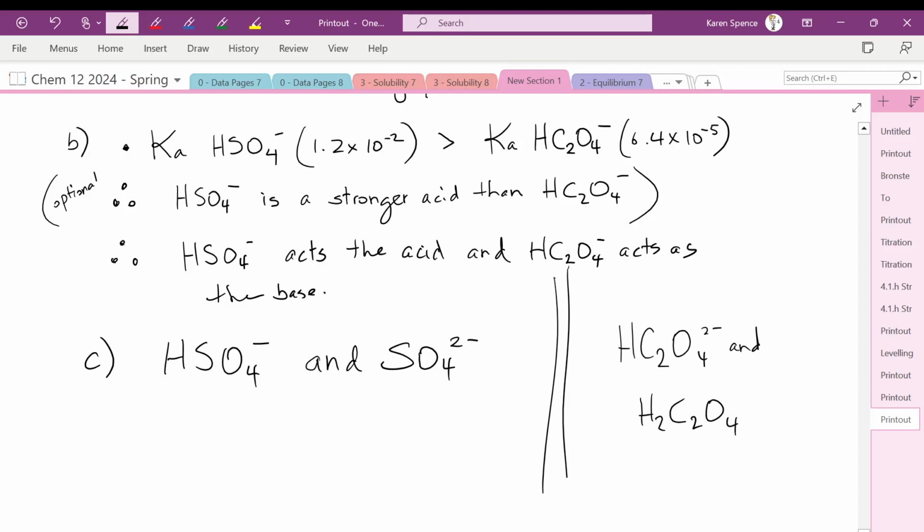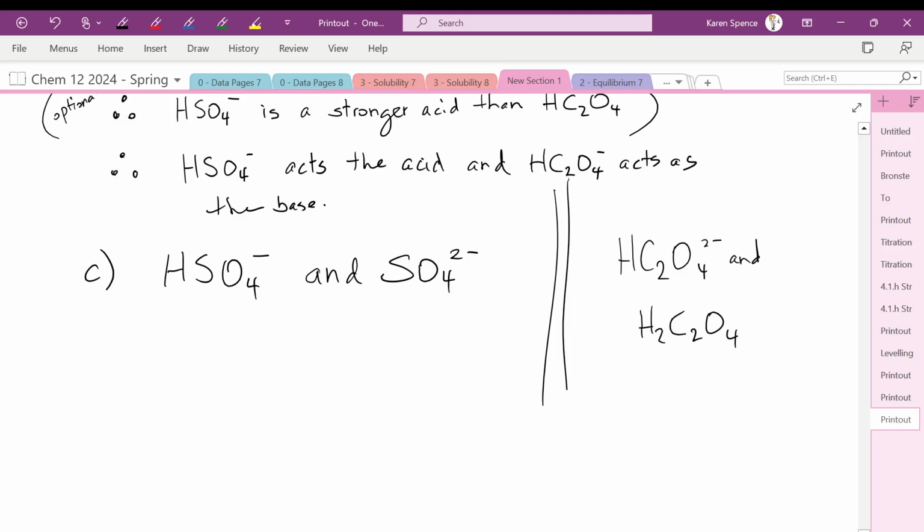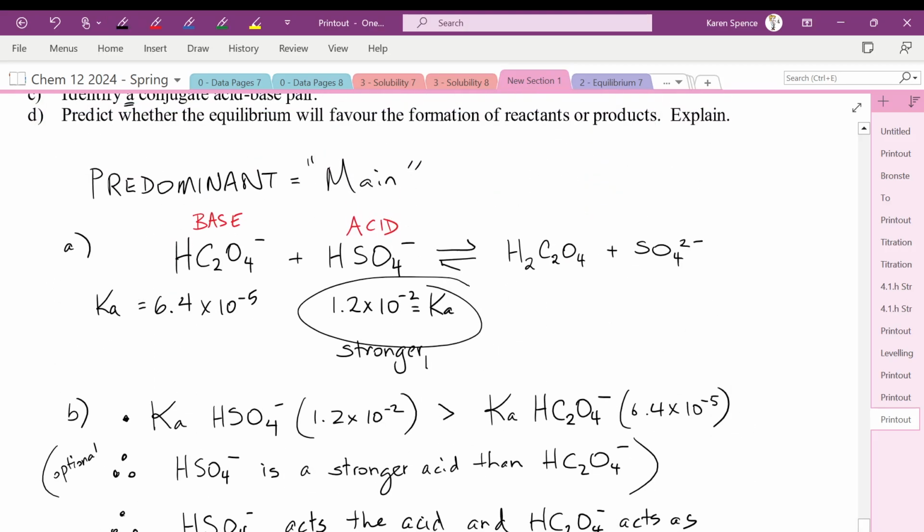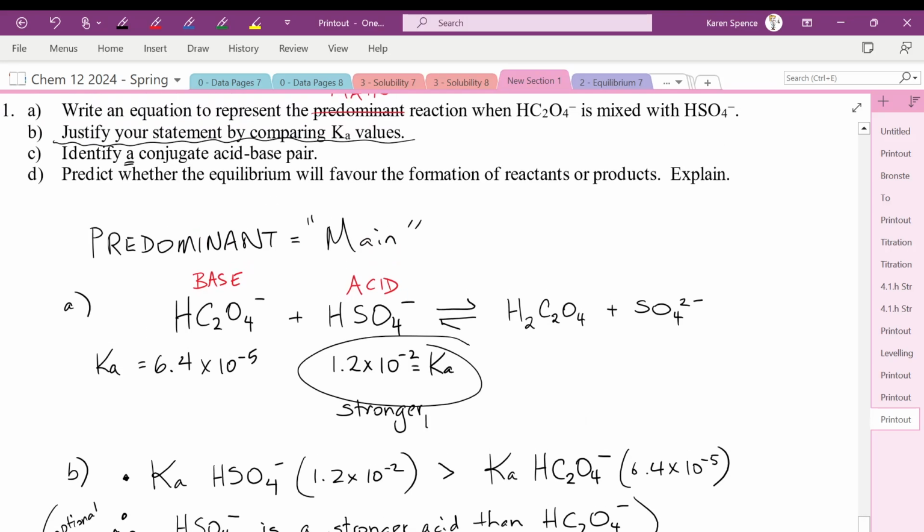Okay, good. And then predict whether the equilibrium will favor the formation of reactants or products. And then it says explain. So figure out whether it's going to favor reactants or products, and then think about how you would explain that.